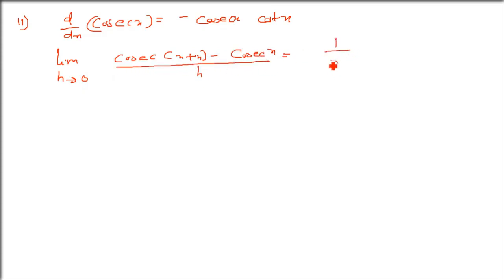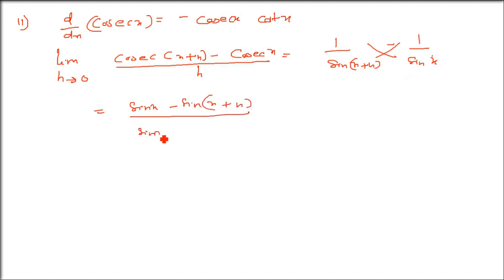Now just convert it into sine. 1 by sine of (x plus h) minus 1 by sine x, and then divided by h you have. h I'll deal with later. So just take the LCM. So sine x minus sine (x plus h) divided by sine (x plus h) sine x.